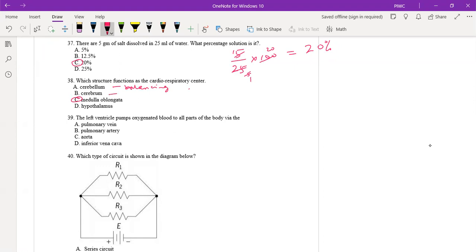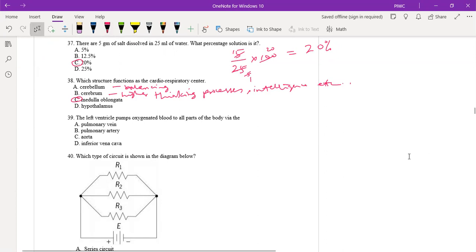Cerebrum, higher centers, thinking processes, and then personality, intelligence, etc. Hypothalamus, we know what it does. You remember when we were doing the endocrine system, we saw that it's part of the endocrine system as well. It plays other roles too.